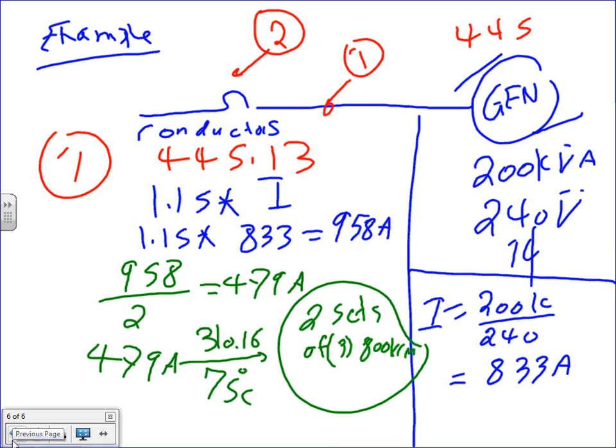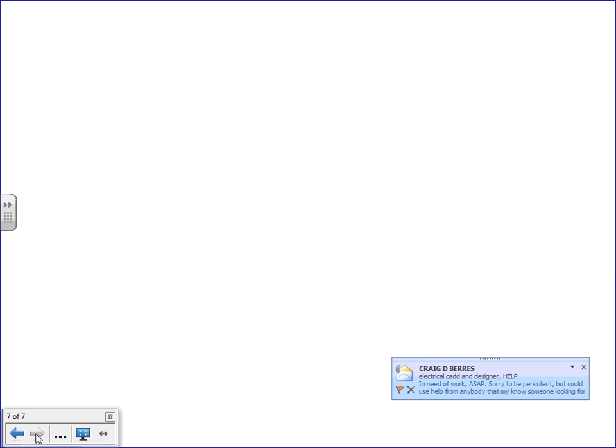Now for the overcurrent protection device, this is how I do it. If you look at the code, it's not clear how you do it. So number 2, for the overcurrent protection device, I do the same.